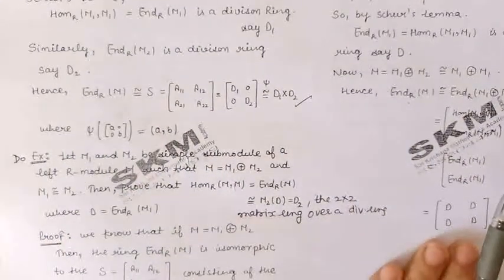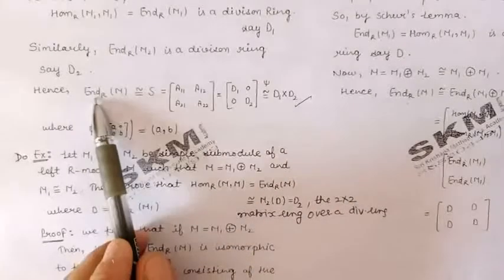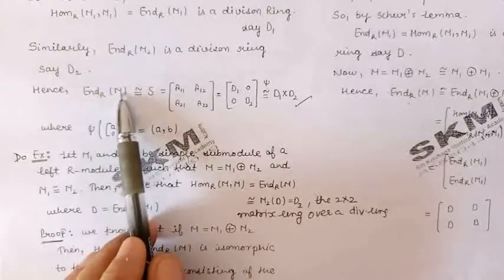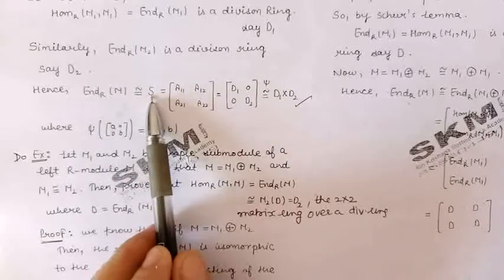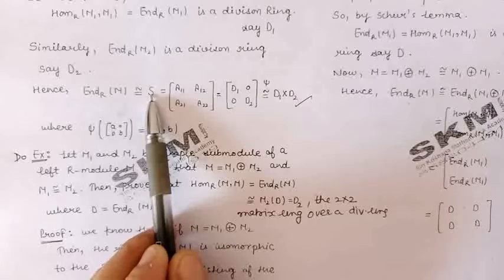Now by the theorem which we discussed earlier, the ring of endomorphisms of M over the ring R is isomorphic to the ring S of 2 cross 2 matrices having the entries Fij.